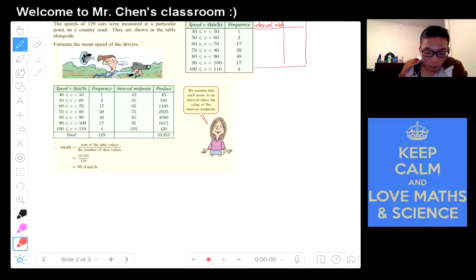And then once you locate that, what you will have to do next is find the product. So the product here is pretty much 45 times 1, and that's 55 times 3. You just need to multiply the midpoint by the frequency.